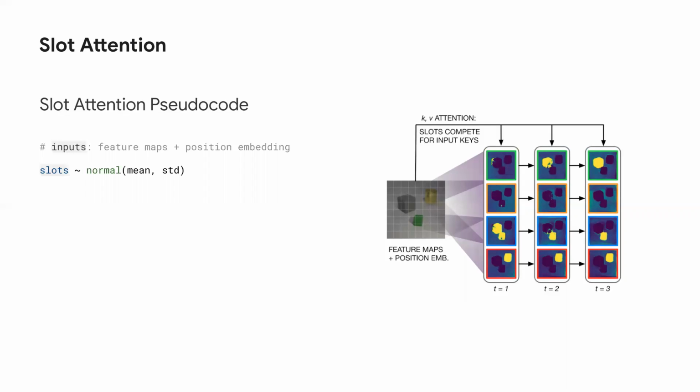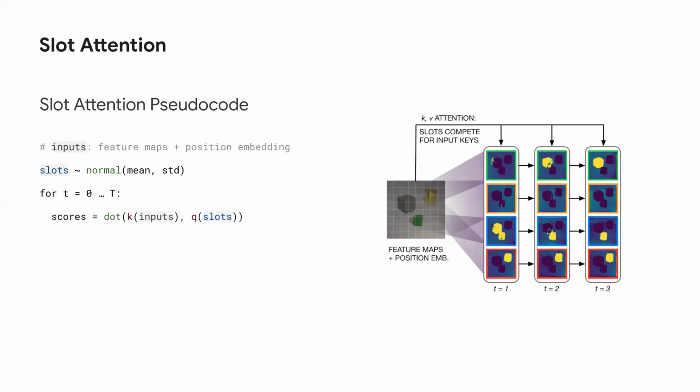And mean and standard deviation are shared across all the slots, meaning that we have one Gaussian from which we sample, in this particular example, 4 slots, as in the example here on the right. So now we have these 4 slots, and we have this iterative procedure.